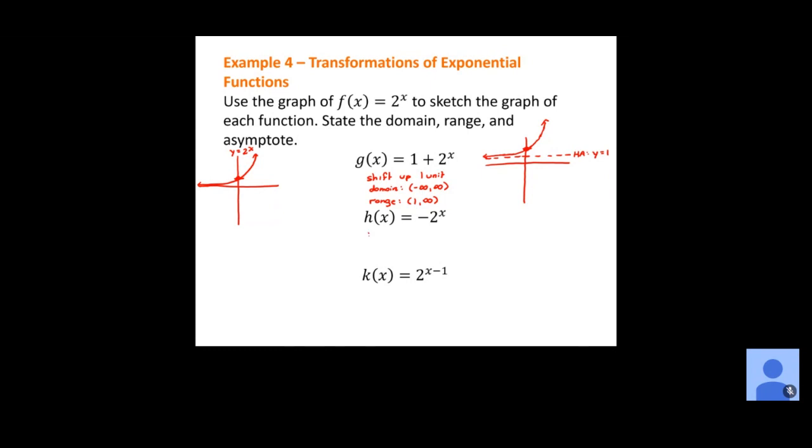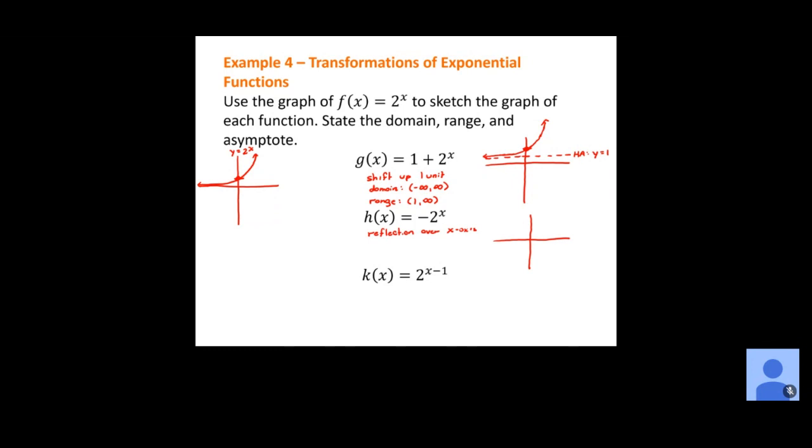Good. So it's a reflection over the x. Remember, if you put a negative out front of a function, that's always going to give you a reflection over the x-axis. So now go back to your parent function, right?